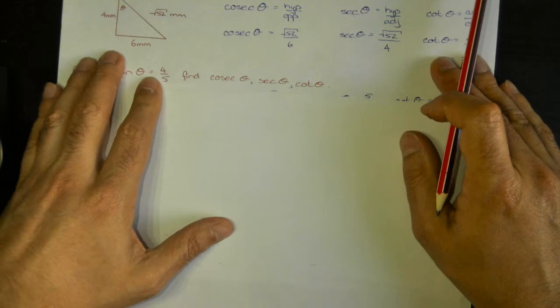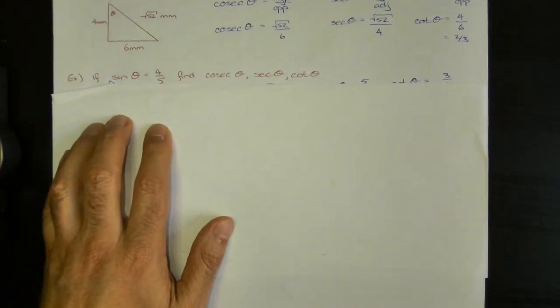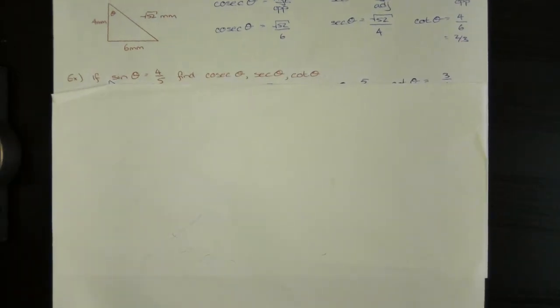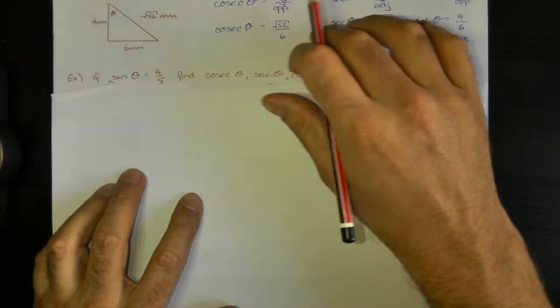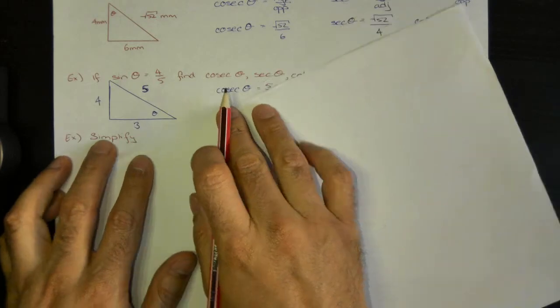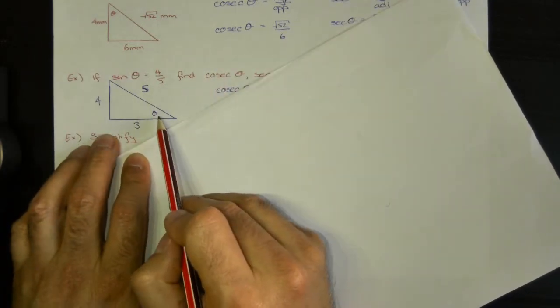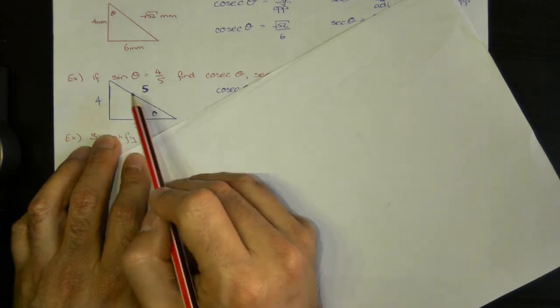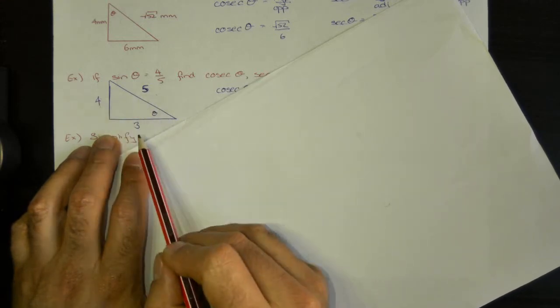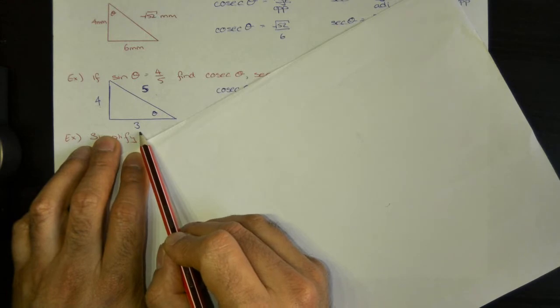If we have this question, if sine theta equals 4/5, we want to find cosec theta, sec theta, and cot theta. The first thing we do is we draw a right angle triangle. So if I've got theta, sine theta is 4 over 5, so the opposite over the hypotenuse. And using Pythagoras, I can figure out that this is 3 units.